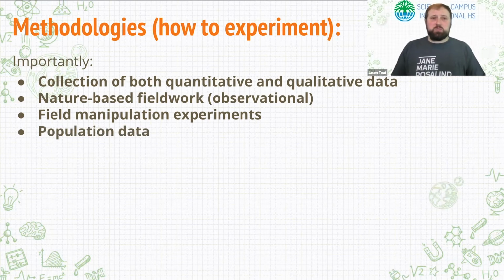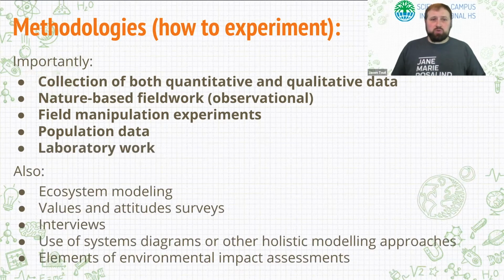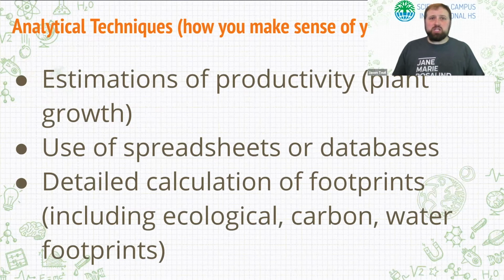You can analyze population data using citizen science projects or other resources online. And of course, you can do laboratory work where you analyze any of the materials that you collected in the lab, or design an experiment that only occurs in the lab. Many of the procedures that you will develop might actually use a combination of all of the above.